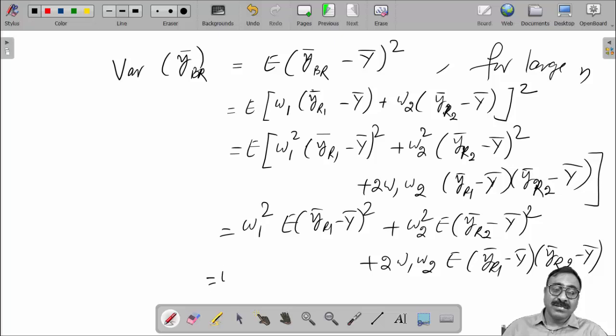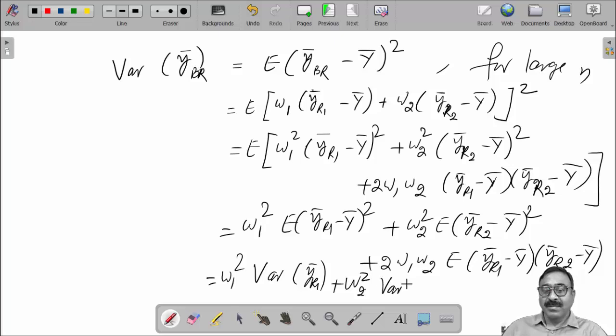Now this is equal to W1 square variance of Y R1 bar plus W2 square variance of Y R2 bar plus 2 W1 W2 covariance of Y R1 bar, Y R2 bar.